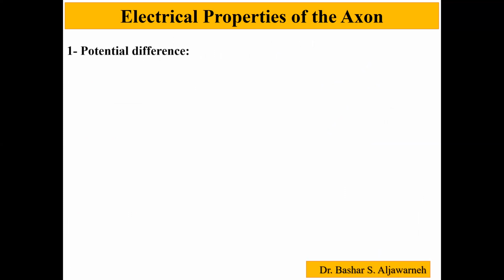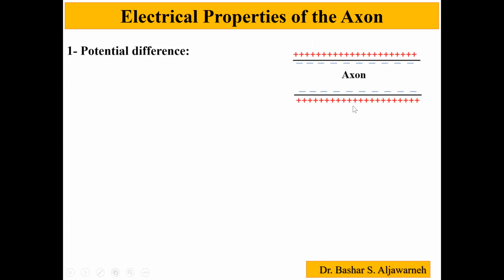At the beginning, let me look at this diagram. This is my axon, and I have a charge difference: positive charge outside and negative charge inside. Because of this difference in charge, we have a difference in electrical potential.